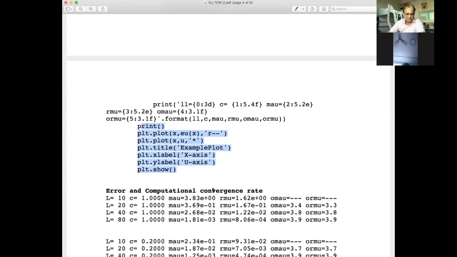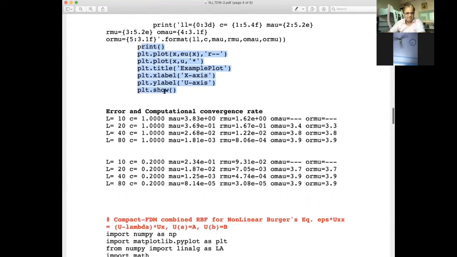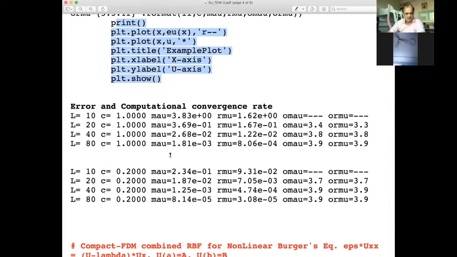Now just see. This is the error and the computational rate that I have got from this algorithm. Here in each case, I have taken C as 1. C can't be 0, but it can tend to 0.